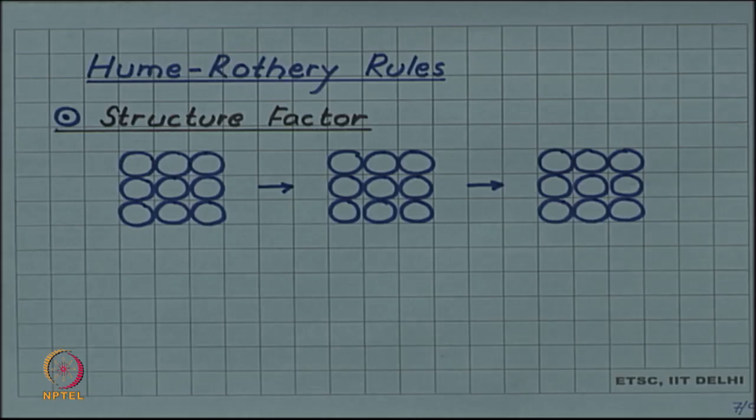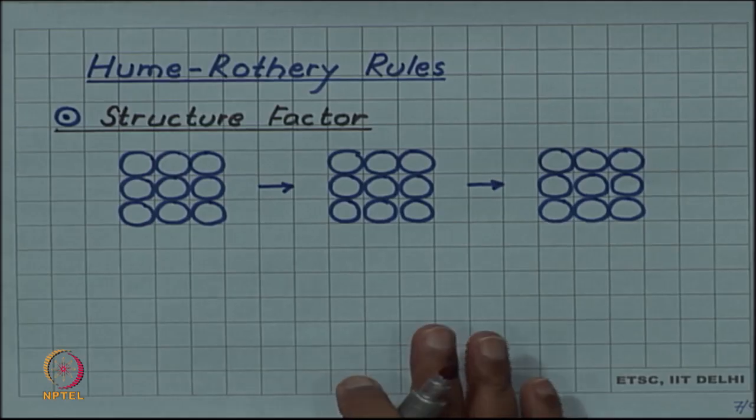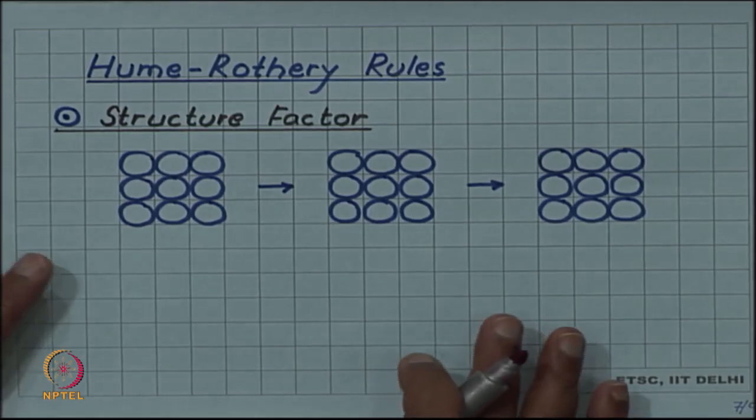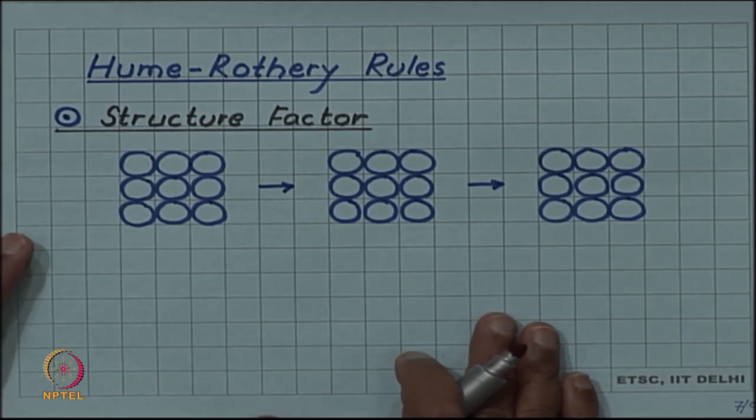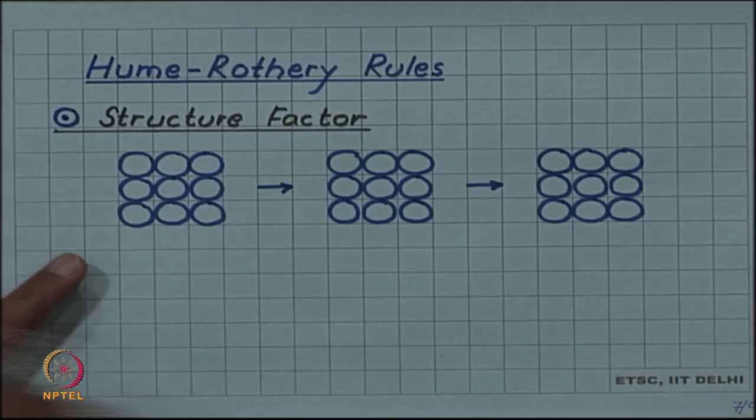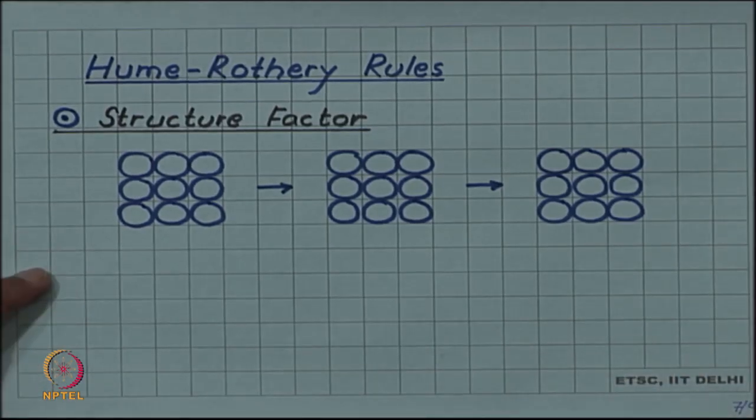Based on that, he found these empirical, experience based rules. These are not strict rules, they can be violated, but they do give us a guideline regarding the solubility limits.